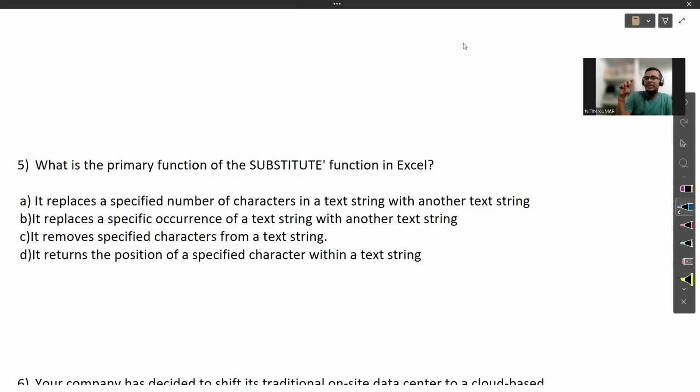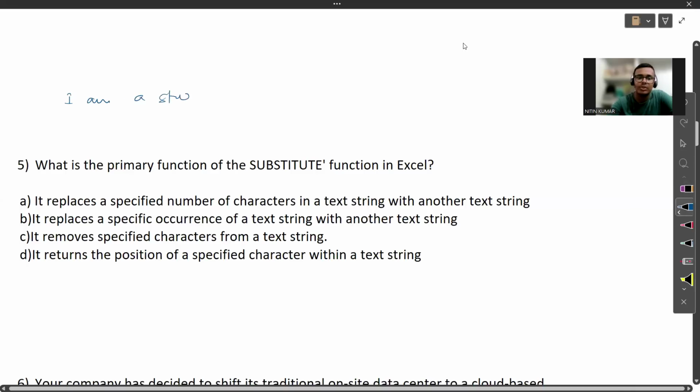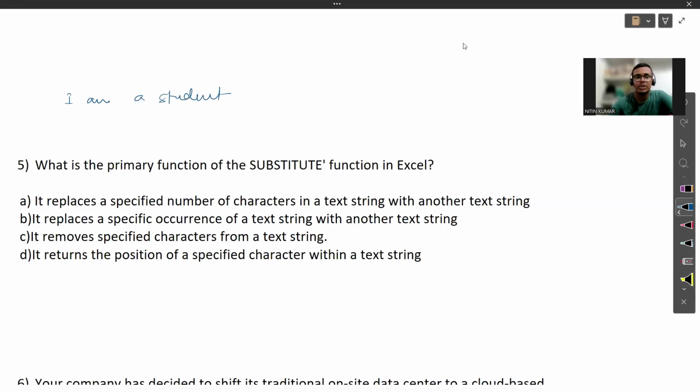If we want to replace a particular text, let's say there is a line written, I am a student. Let's say you want to change that in the future. What you will do is replace part of this string by, let's say, I am an engineer, or anything; you could write anything. There could be any example. This can happen with SUBSTITUTE.